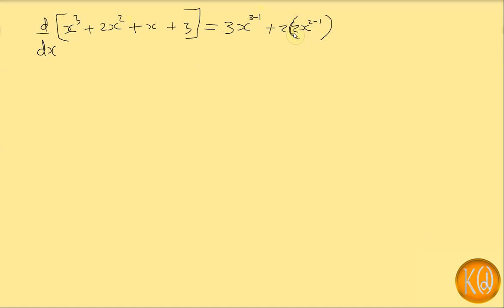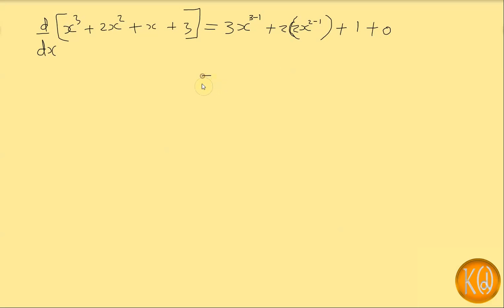Good. So we multiplied all of this by 2, and x, when you differentiate x, if you haven't guessed it before, that's just 1, because you would multiply by the power, which is 1. But when you reduce the power of x by 1, it would just be 1 minus 1, which is 0. Anything to the 0 power is 1, hence the derivative of x is just 1. And of course the derivative of 3 is 0.